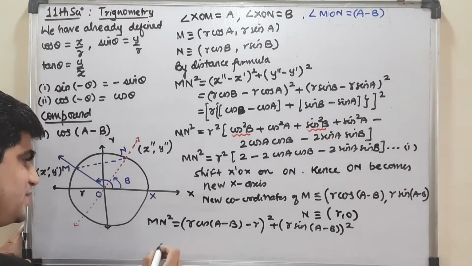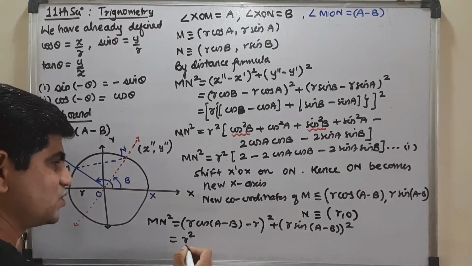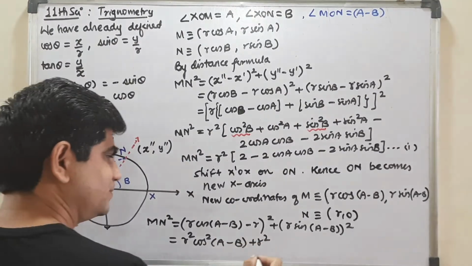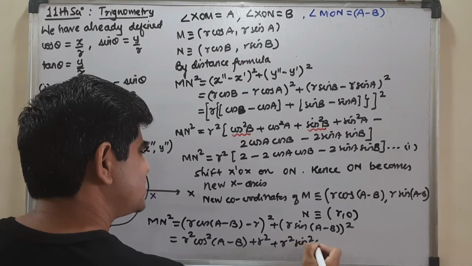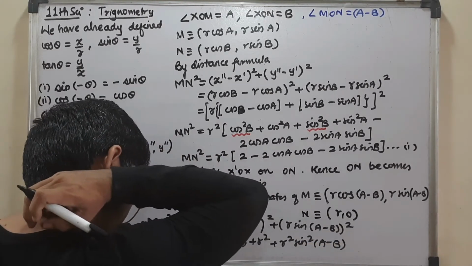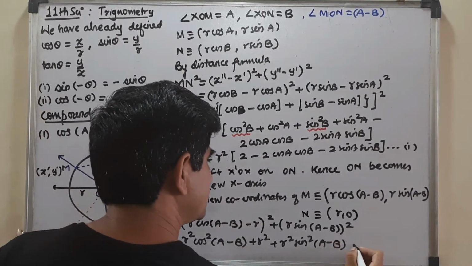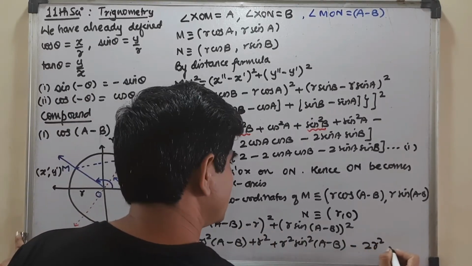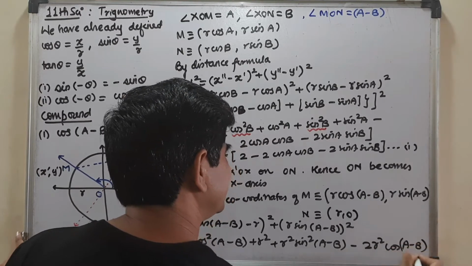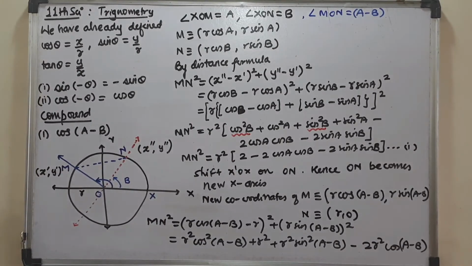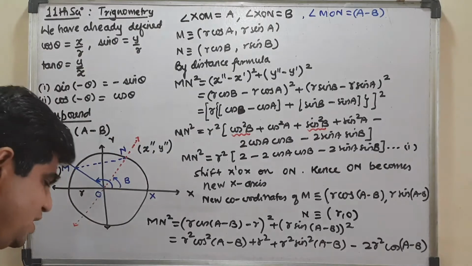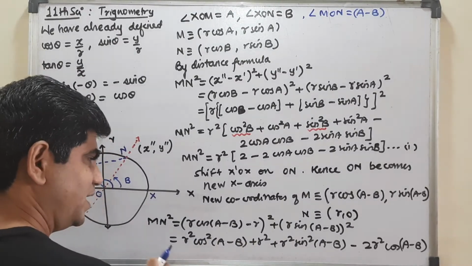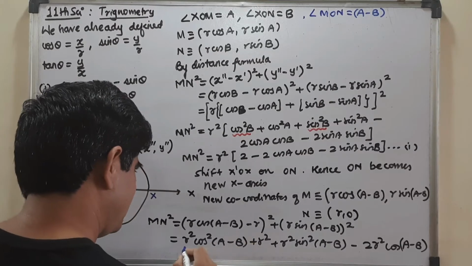On expanding this, you get r square cos square A minus B plus r square sin square A minus B, minus 2 times r into r cos A minus B, plus r square.